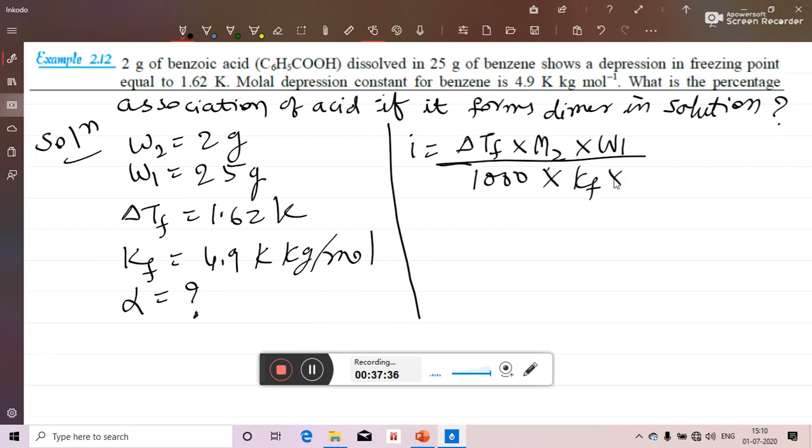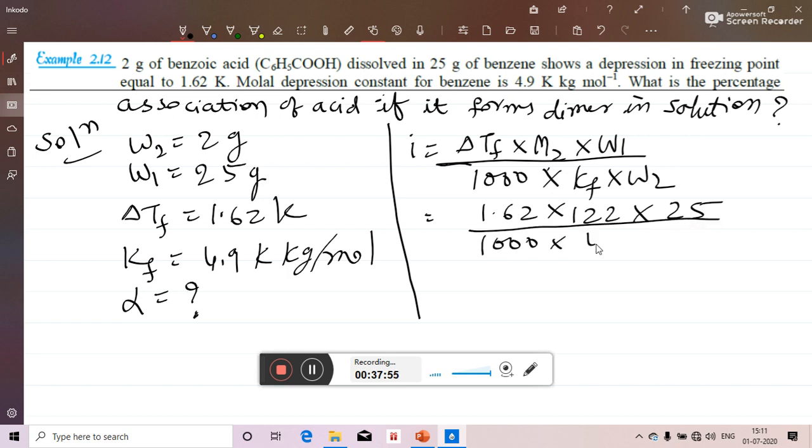So that is equal to 1.62 into molar mass of benzoic acid, that is 122, into W1 is 25 upon 1000, into Kf is 4.9, into W2 is 2 gram. So when we solve this, we will get i as 0.504.